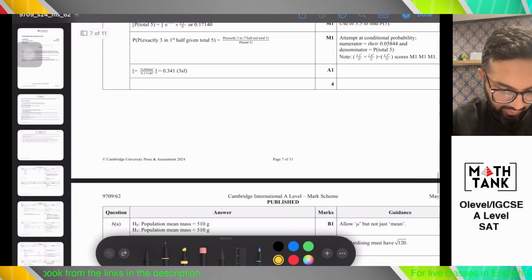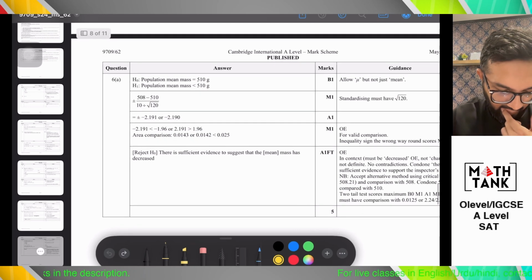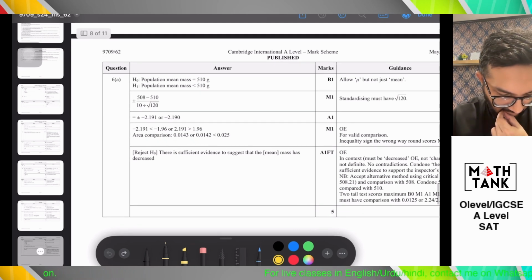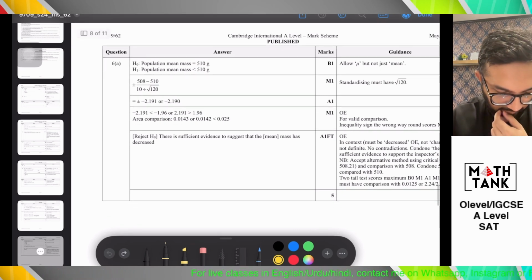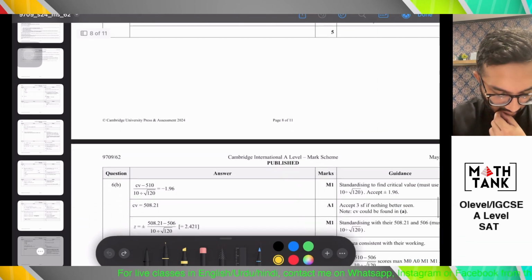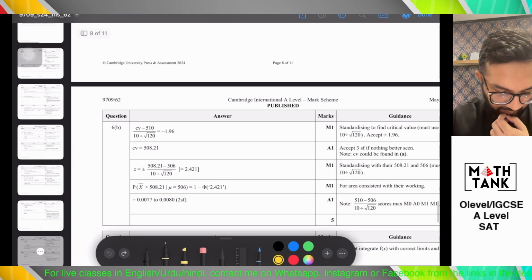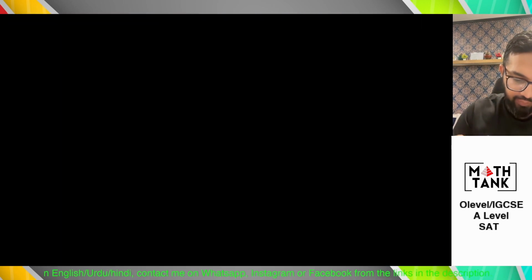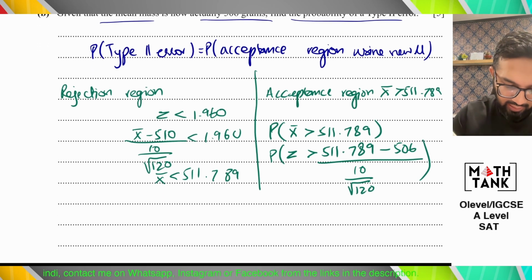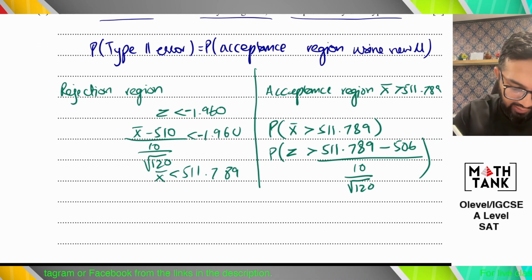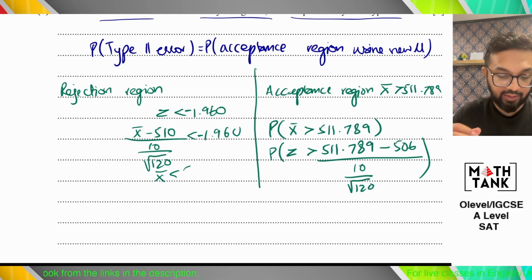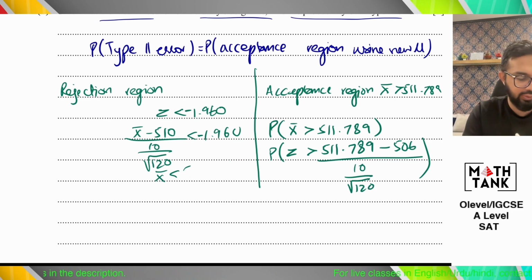I'm not absolutely sure. Yeah, I'm making a mistake here. Okay, this was supposed to be a minus. Just messing up my calculations.